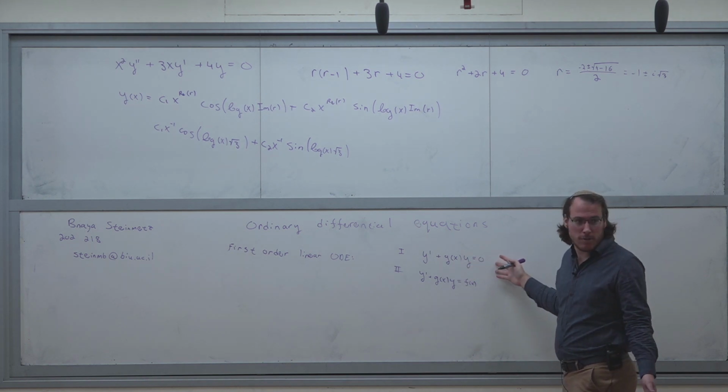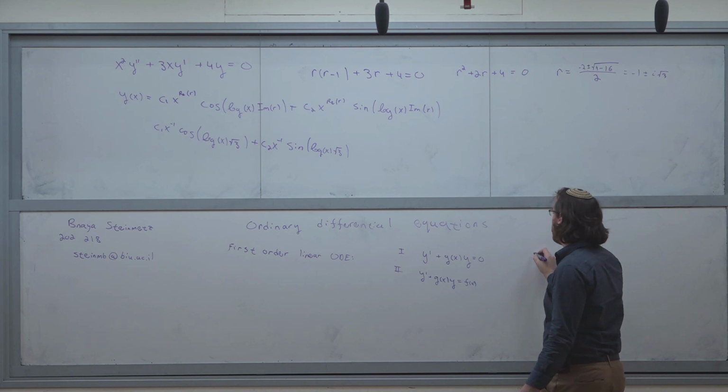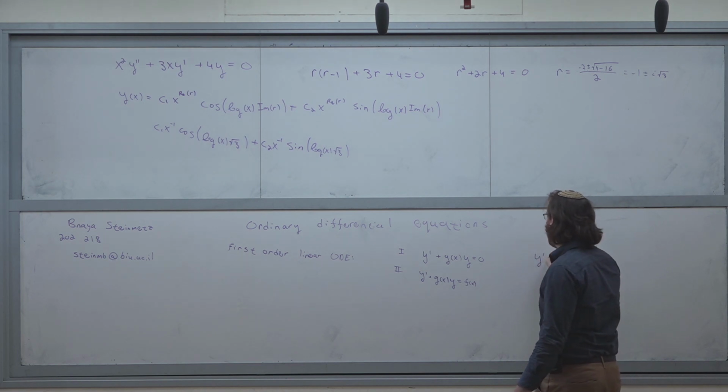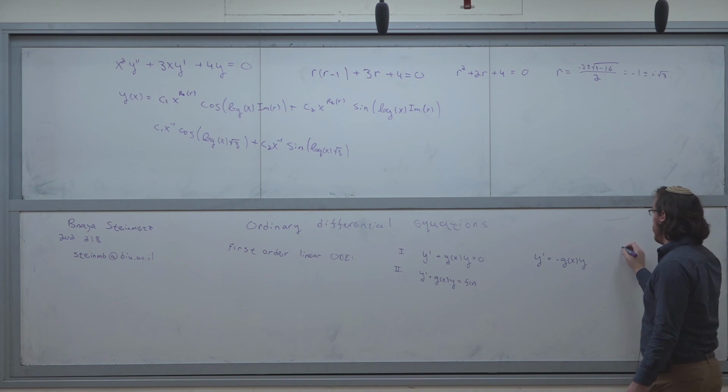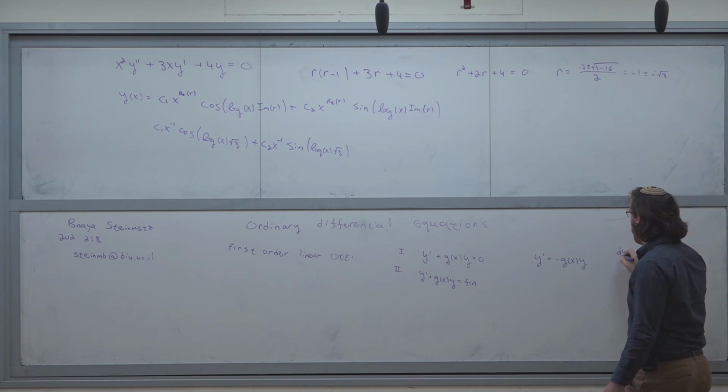So actually this is kind of a separable equation, right? Let's do it step by step. Let's write it even implicitly as dy.